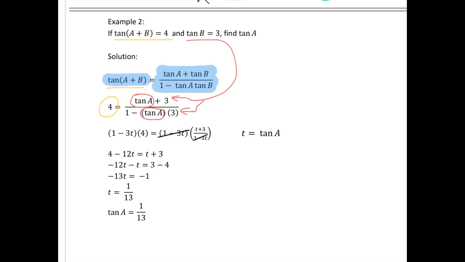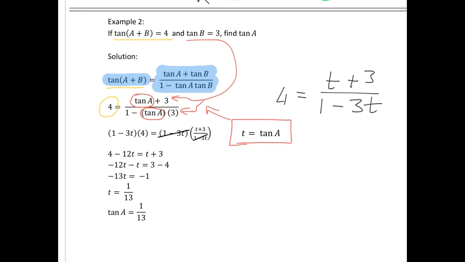Now I'm going to use a substitution here where instead of writing tan A all the time, I'm just going to write T, just to simplify the next couple of lines. So instead of writing this line here, I'm going to instead write that 4 is equal to T plus 3 all over 1 minus 3 times T.